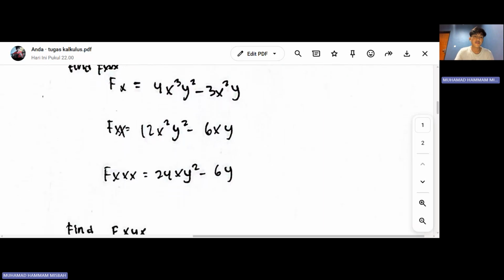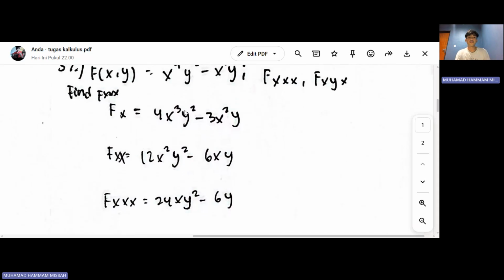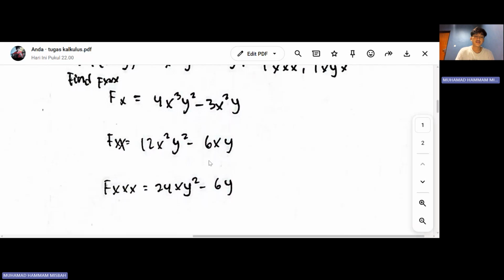For the second partial derivative, we just do the same thing as before. For x to the power of 3, this is 3 times 4 becomes 12, and 3 minus 1 becomes 2, and y squared is still the same. Then 2 times 3 becomes 6, and x to the power of 2 minus 1 becomes 1, times y.